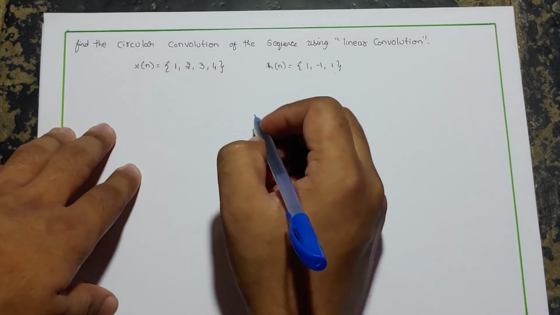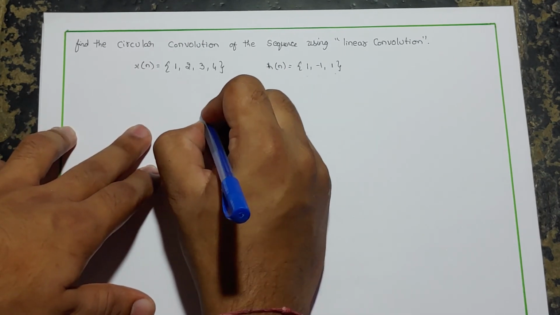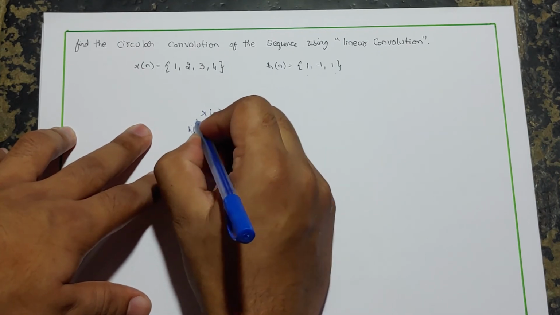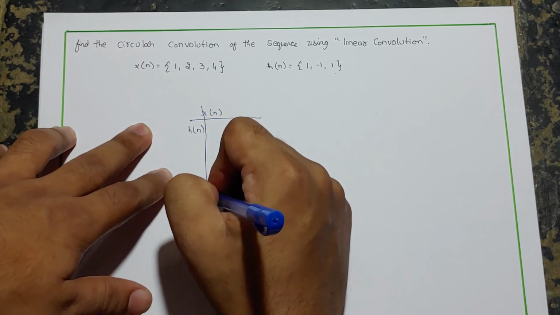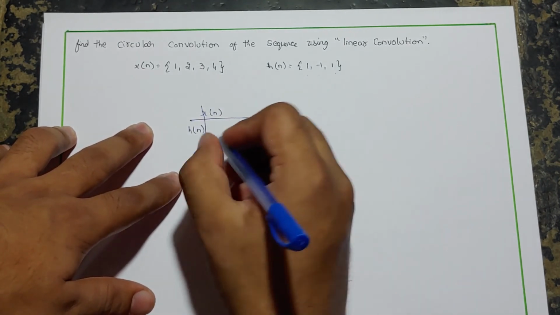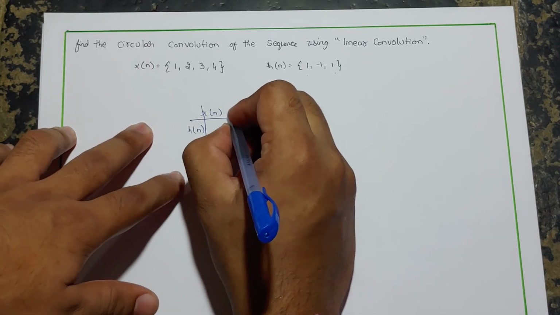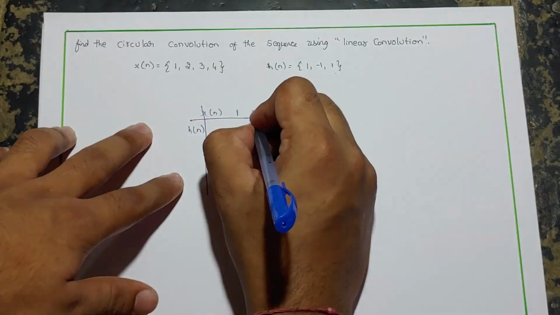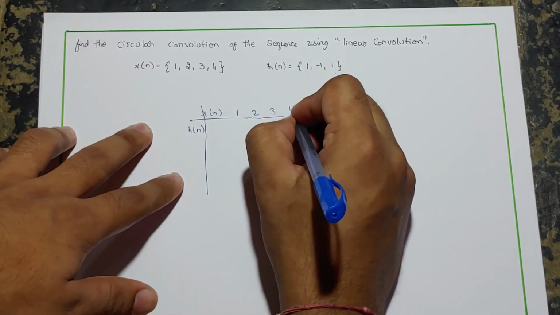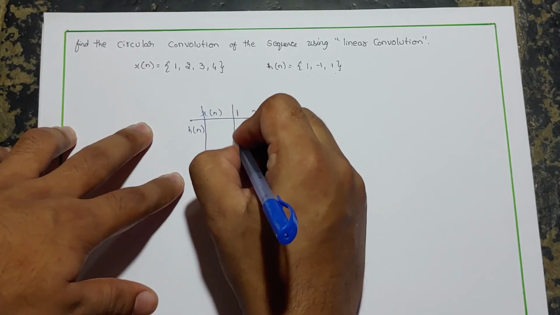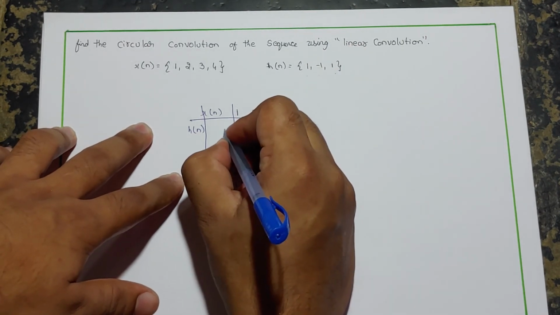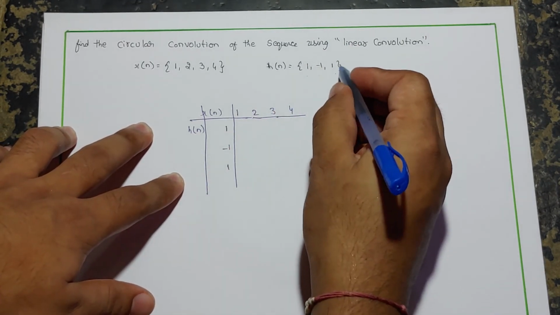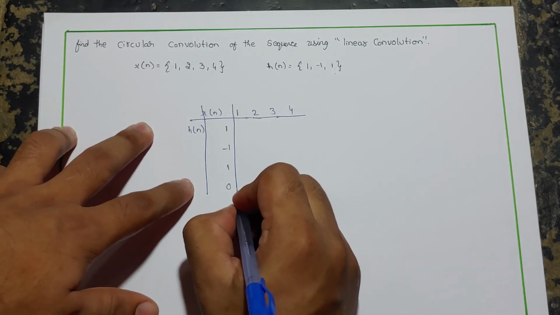We have to write this in the format like x of n, h of n. x of n terms will be 1, 2, 3 and 4, and h of n terms are 1, minus 1, 1, and we are not having the value, so let us keep it 0.